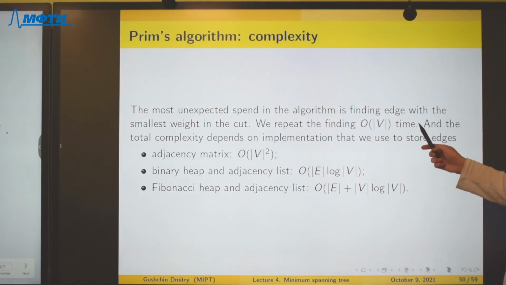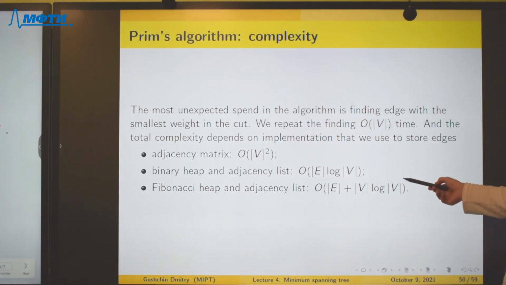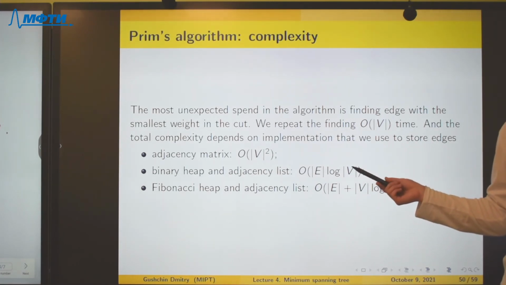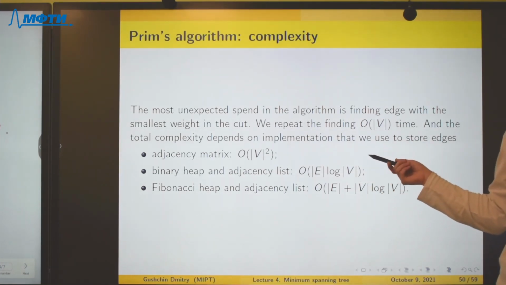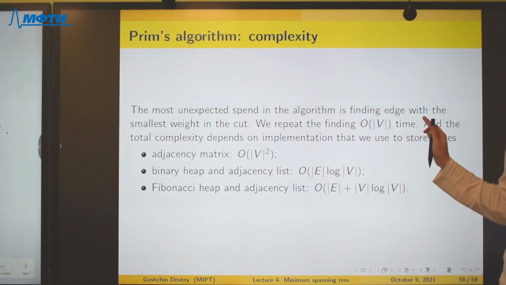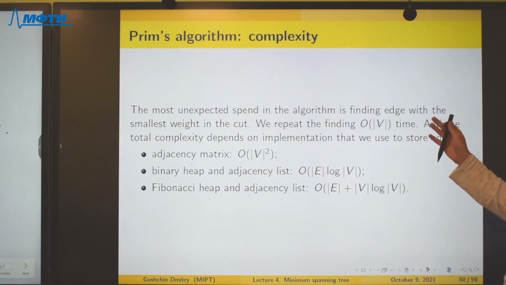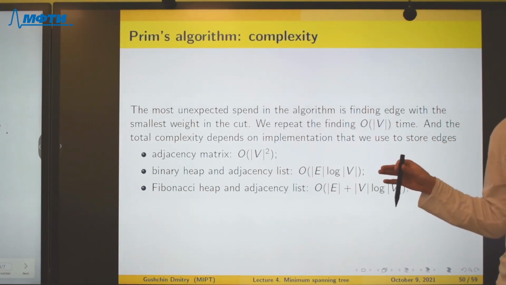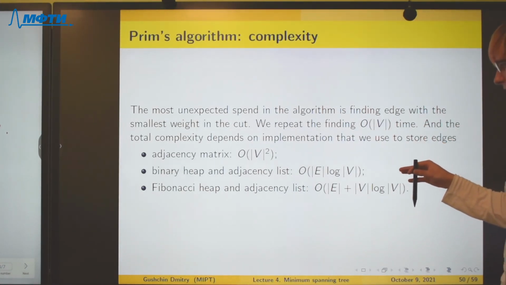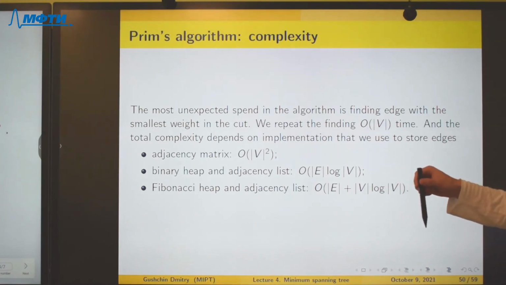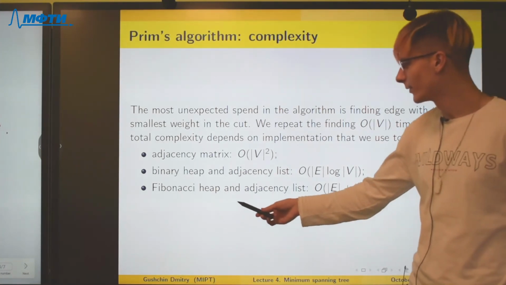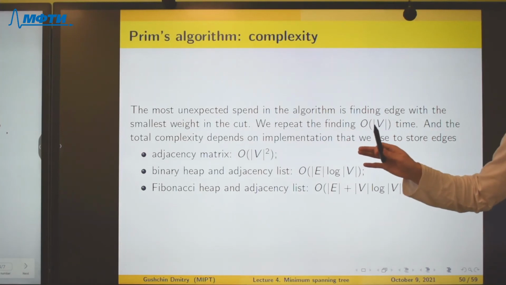You can remember that if you use different data structures, you get different time complexities. It is the main idea of this slide and of most of the algorithms that we talk about. And we talk about Fibonacci heap on the next lecture, I think.